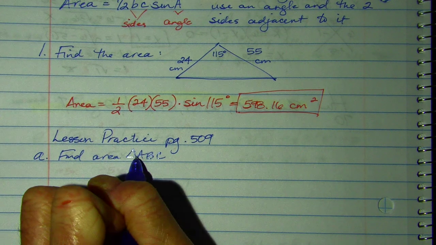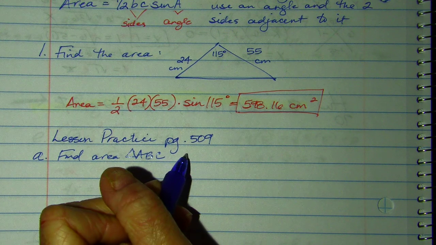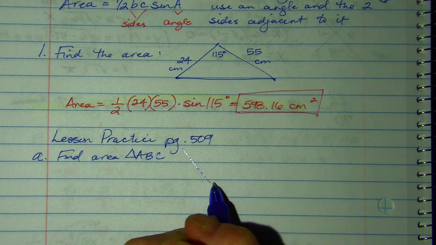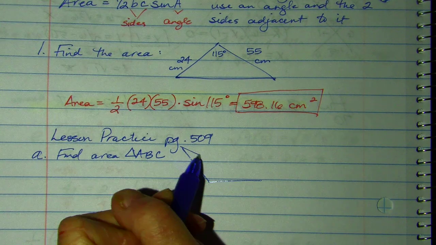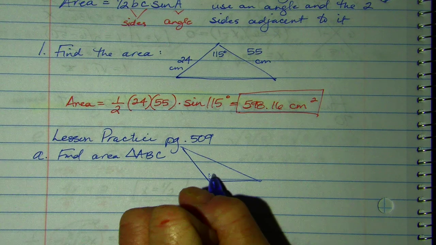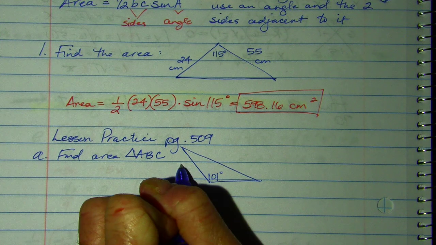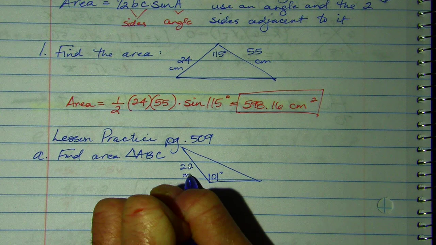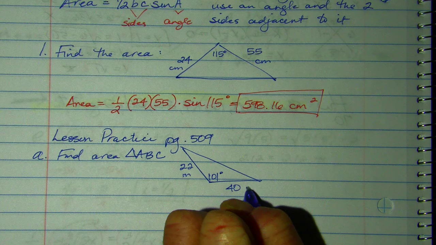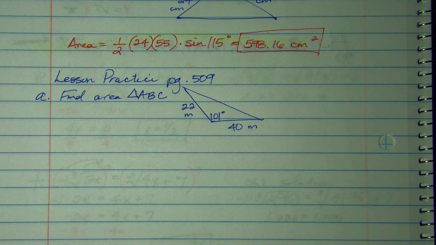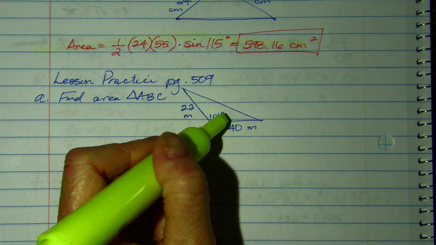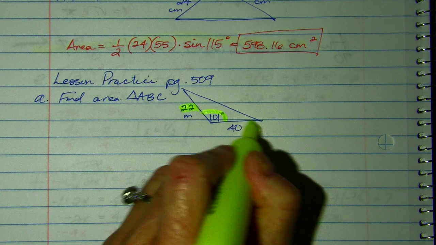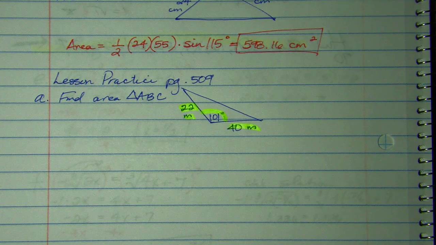In your book, I think your triangle is set up like this: 101 degrees, this side is 22 meters, and this side is 40 meters. It doesn't really matter which sides they labeled, as long as your angle is adjacent to, or touching, the two sides, then we can use this formula.